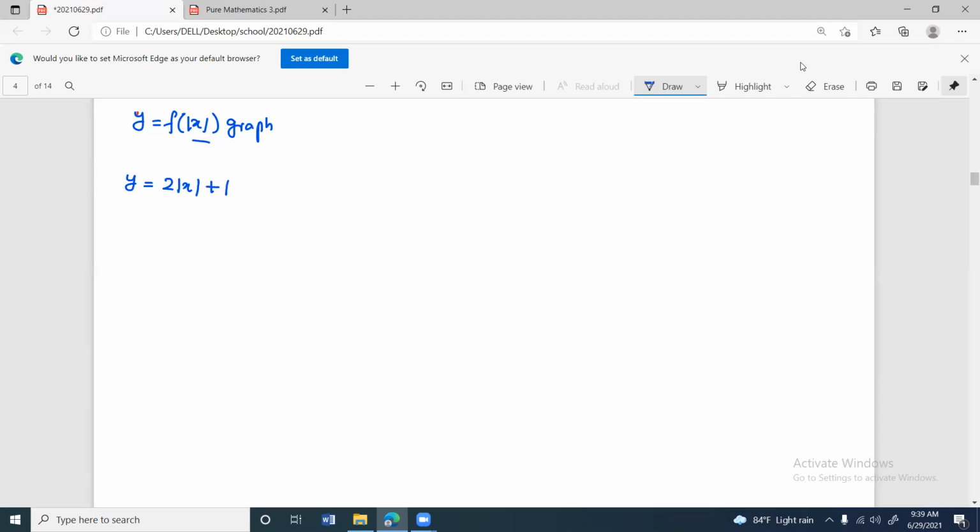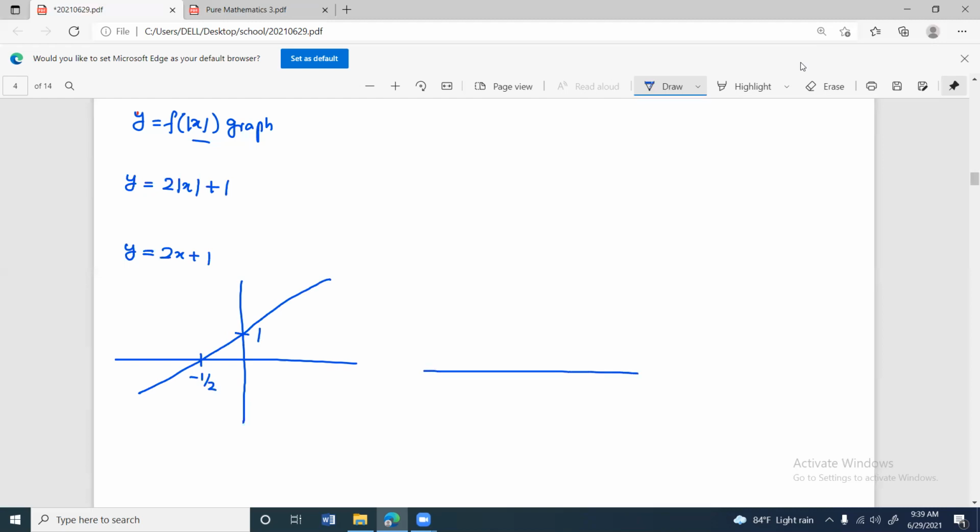Initially we just draw y equals 2x plus 1. It comes like this, with intercepts 1 and minus 1 over 2. Right? Okay.